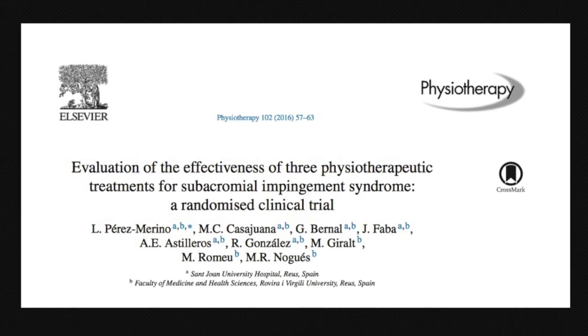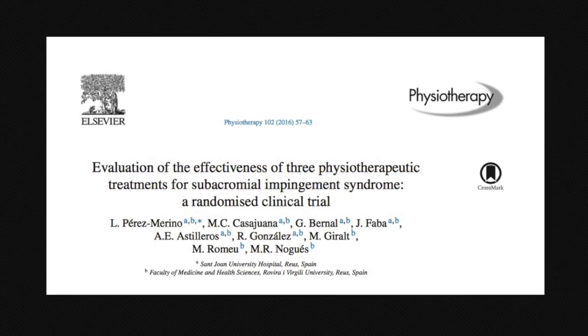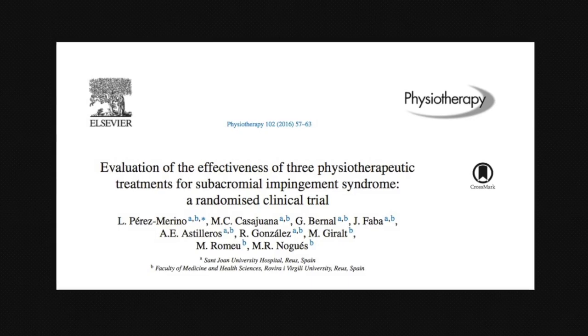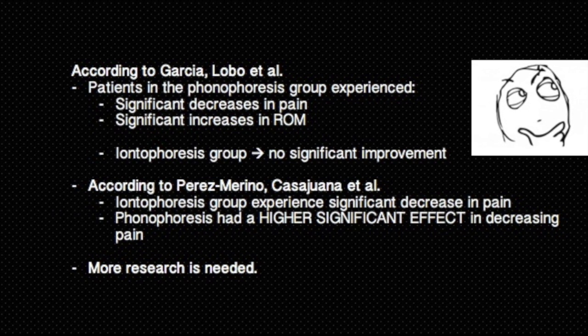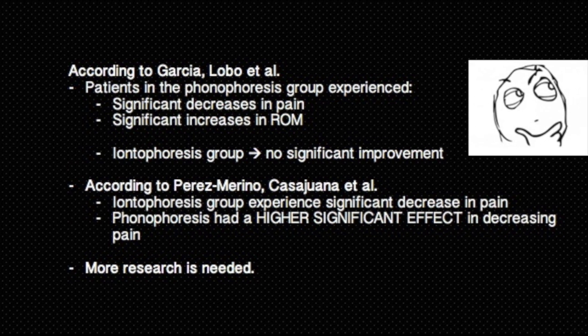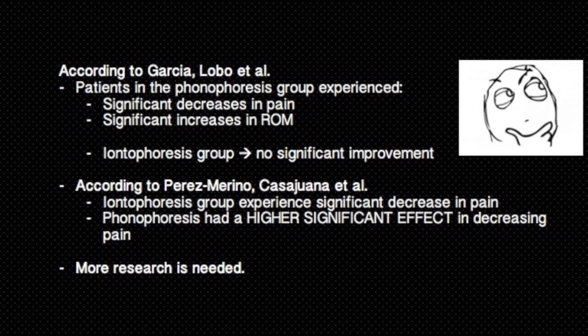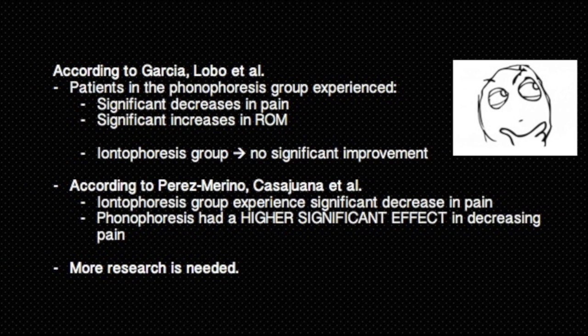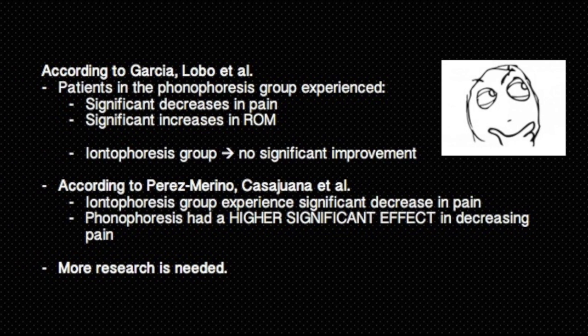While another study by Perez Marino and colleagues showed that iontophoresis significantly improved DASH and visual analog scale scores, the treatment used dexketoprofen instead. The number of studies published on the use of iontophoresis for shoulder impingement is extremely low. Thus, it is difficult to confirm if the medication affected the results.